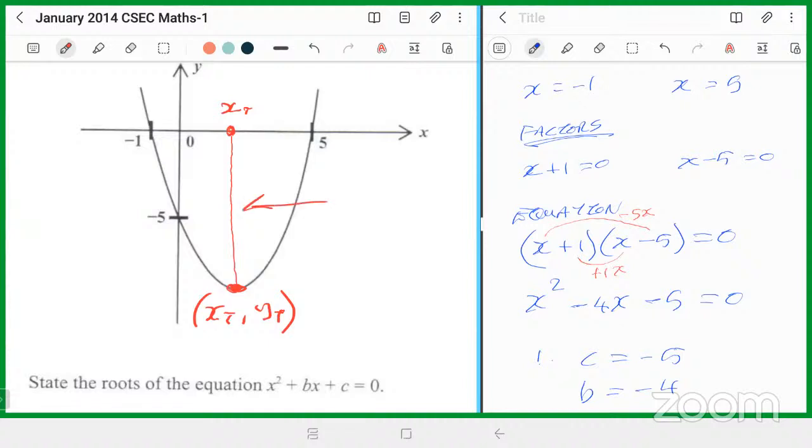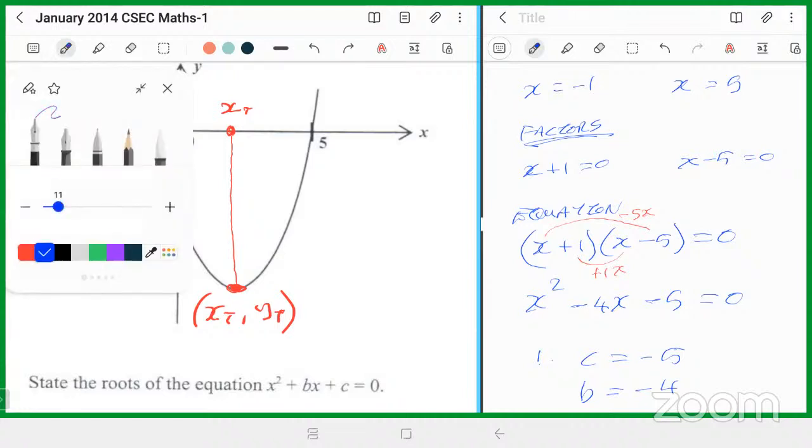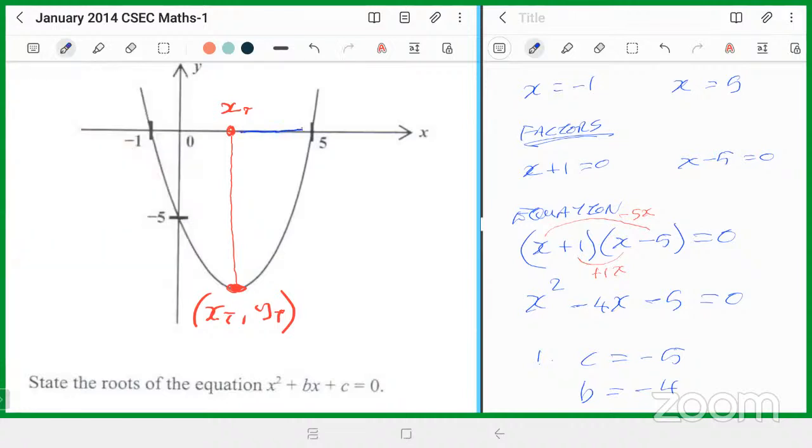The line of symmetry divides the graph into 2 equal halves, such that the distance, for example, over to this root from the axis of symmetry is the same distance over to this root. So it is like this point is the midpoint between here and here. That's what it is. It is like the midpoint right here.